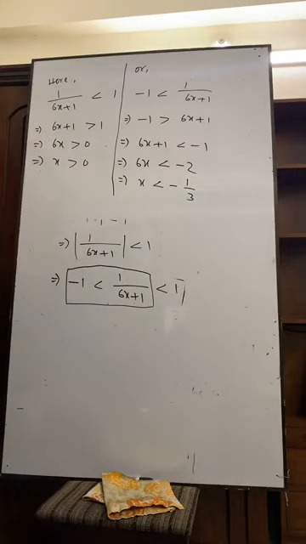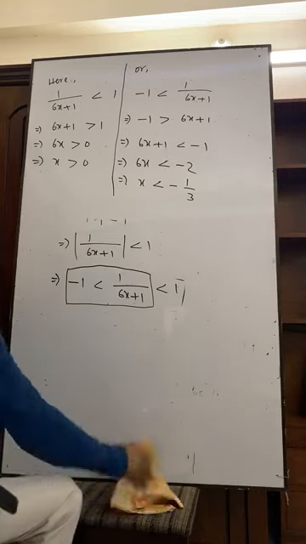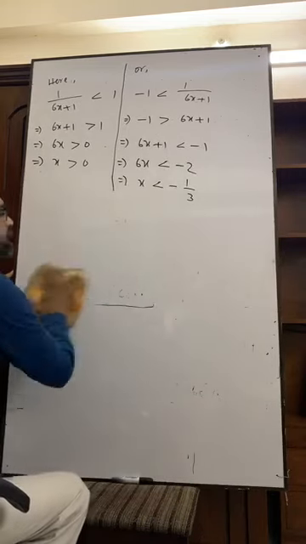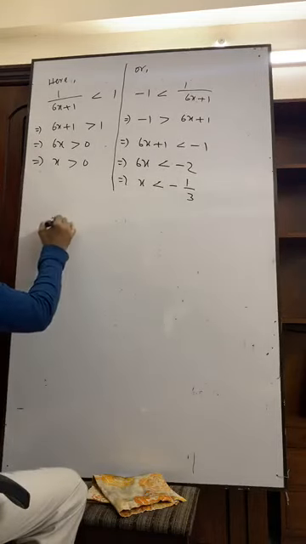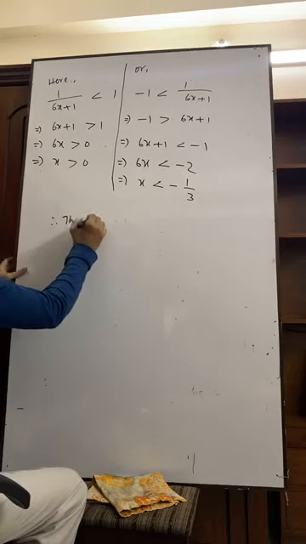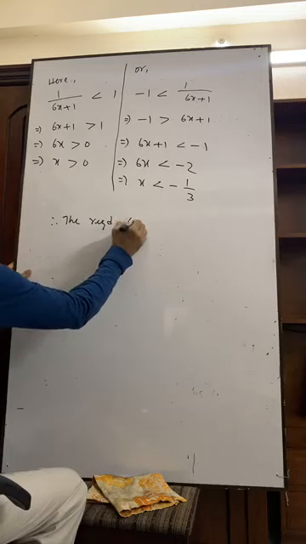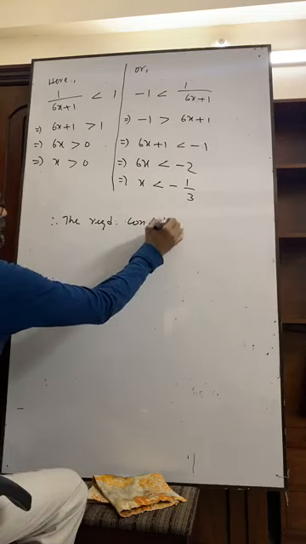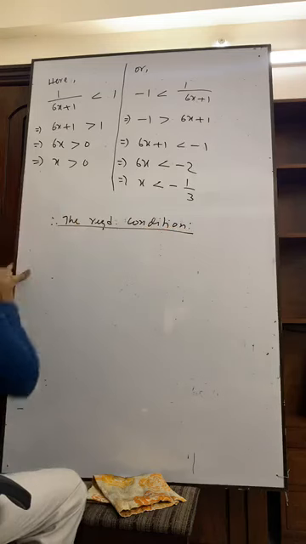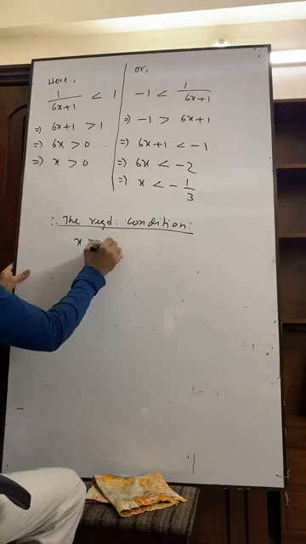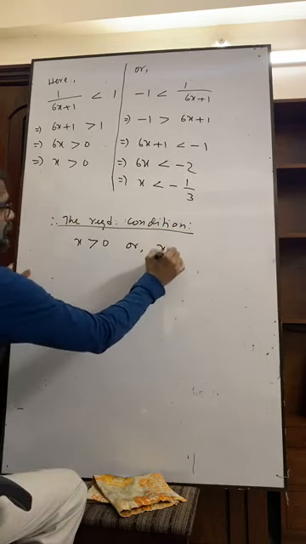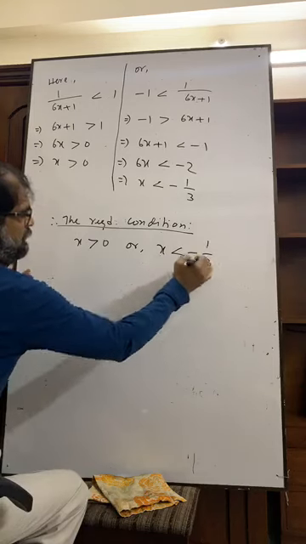So, write down the required condition: x greater than 0 or x less than minus 1 by 3.